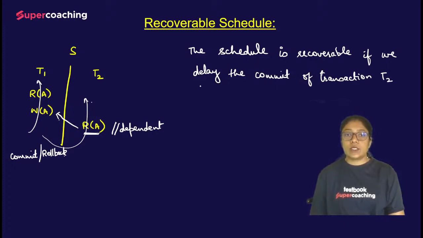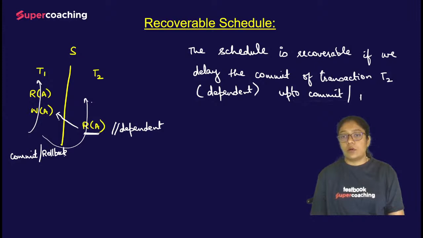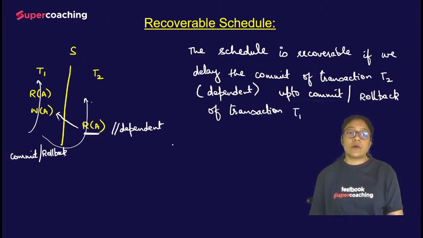What is this transaction T2? This is the dependent transaction. We delay it up to the commit or rollback of transaction T1. This is a recoverable schedule.